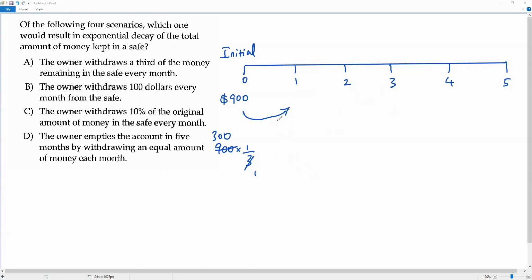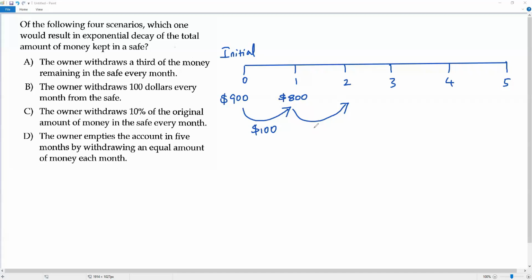Here we can consider the same thing for the other options. Initially we have $900 in the safe. In option B, the owner withdraws $100 every month. The first month he withdraws $100, and $800 will be remaining in the safe.